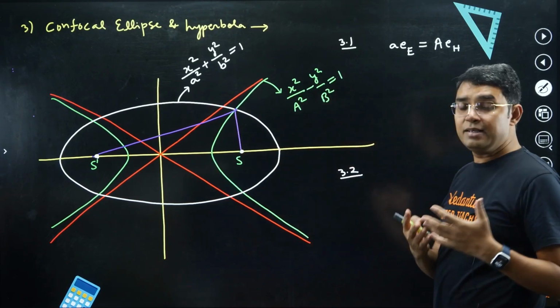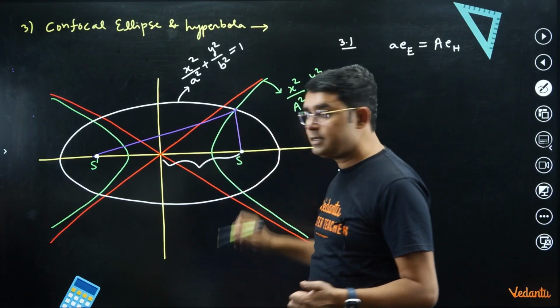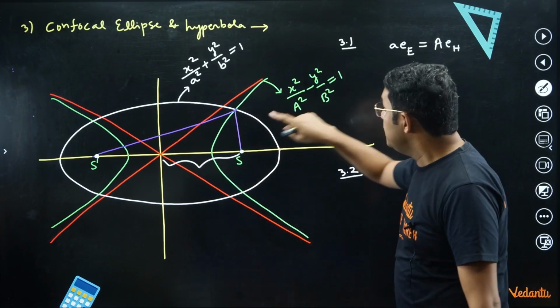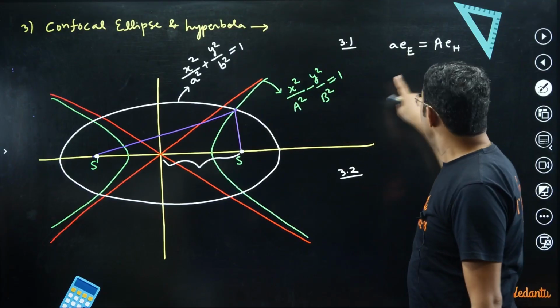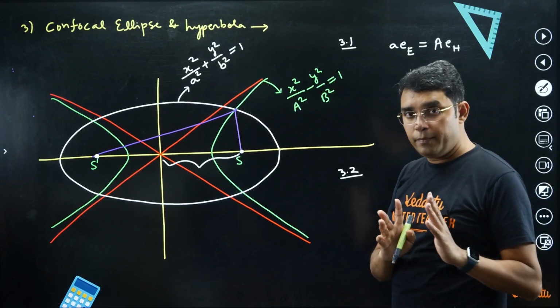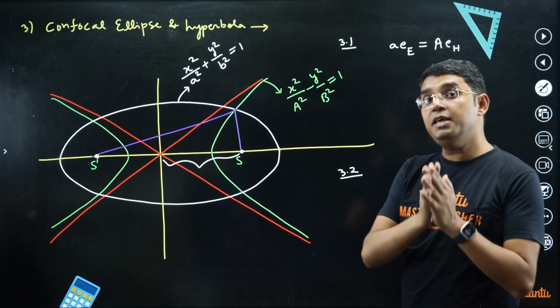Now if they have the same foci, that means the distance of the foci from their centers should be the same. So in this case, a into eccentricity of the ellipse will be equal to capital A into eccentricity of the hyperbola. So a e_E is equal to capital A e_H.